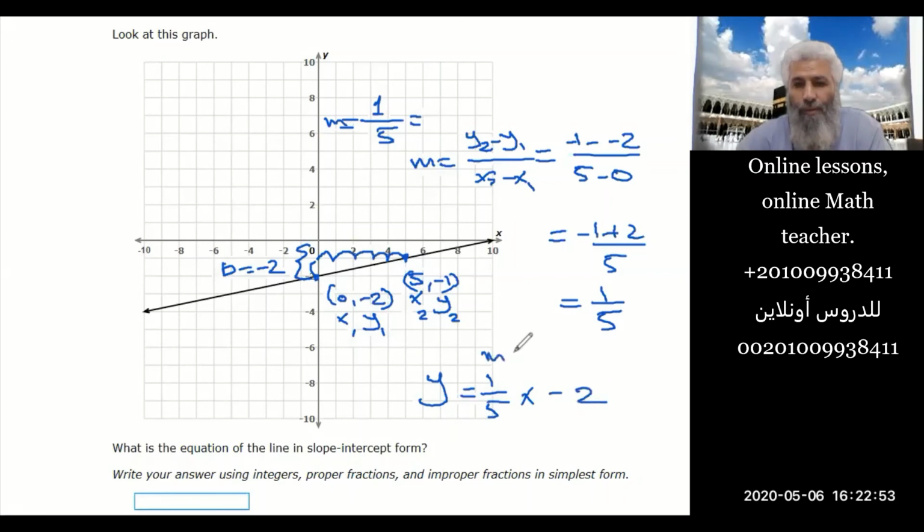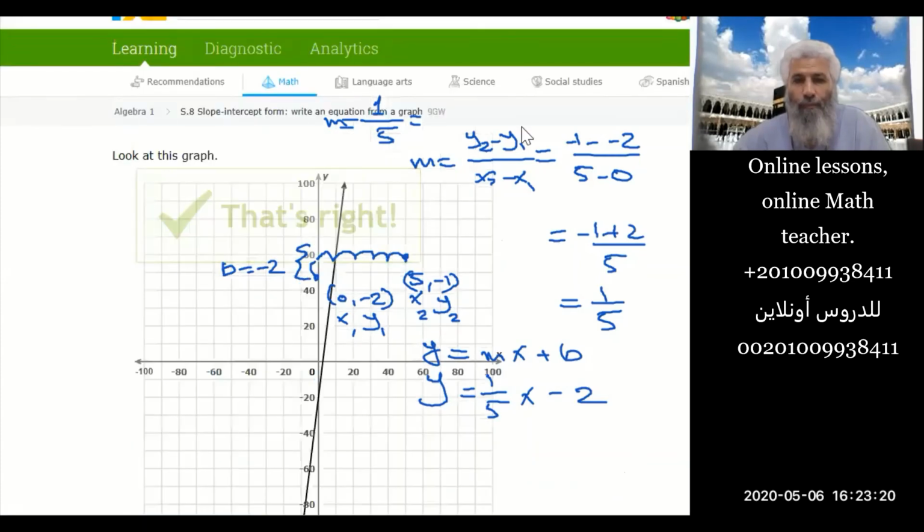This is mx plus b. This is our equation, y equals 1/5x minus 2, or we can write it x/5 minus 2. Right.